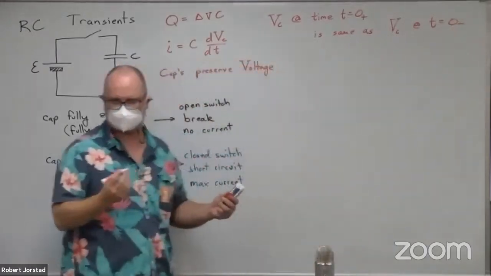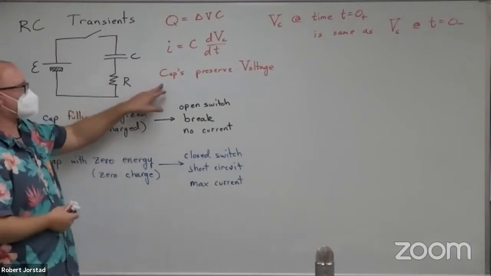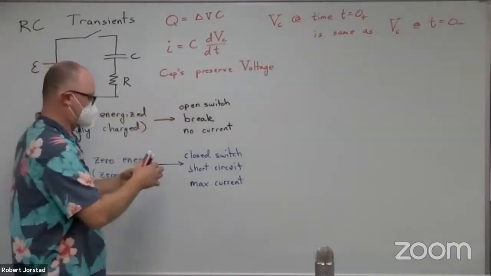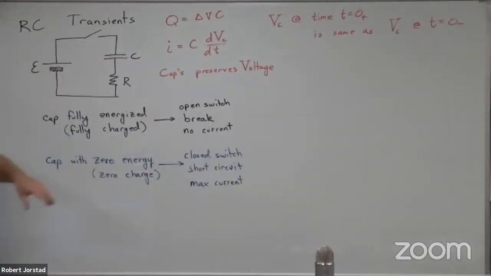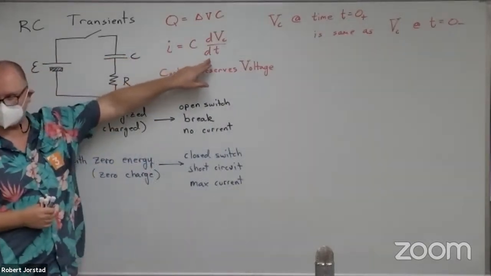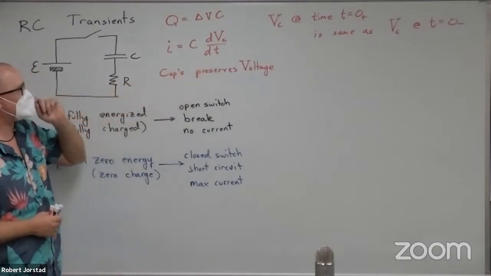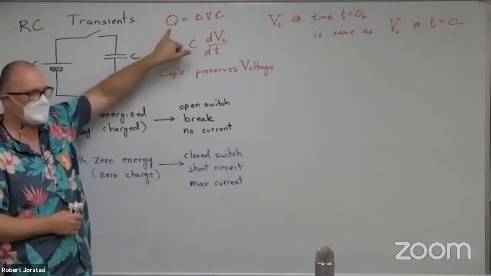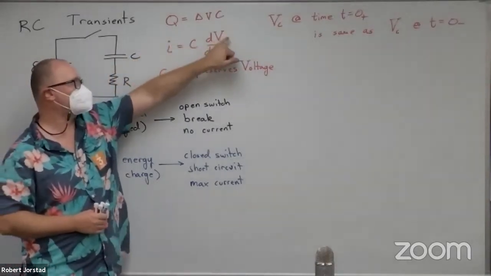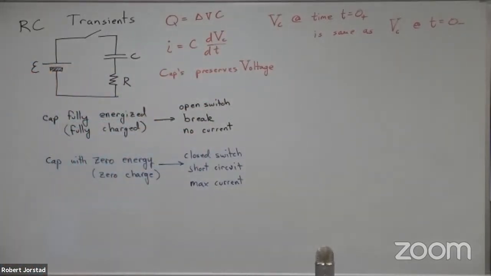Do you remember when we drew those 0 whatever pictures? That's what I mean. A capacitor, we say, preserves its voltage. And that's related to this differential equation. You can see it here, right? So it takes time for charge to accrue on the plates, or said another way, it takes time to change the voltage. All right, so you can't instantly change the voltage of a capacitor.